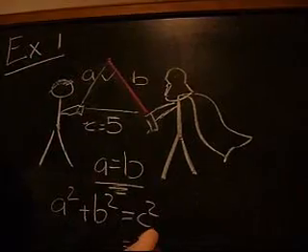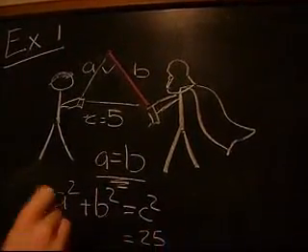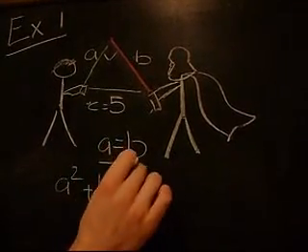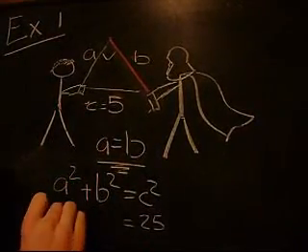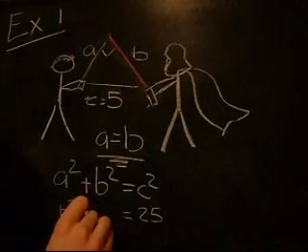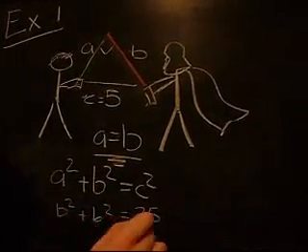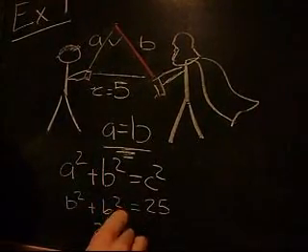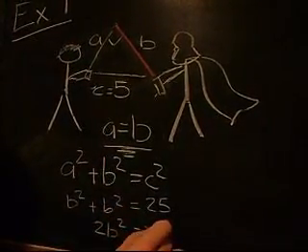So 5 squared is equal to 25. If A equals B, we can sub in B for A here. So it becomes B squared plus B squared is equal to 25. So 2B squared is equal to 25.